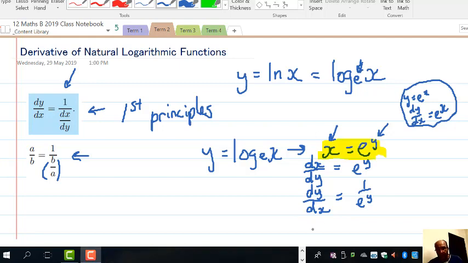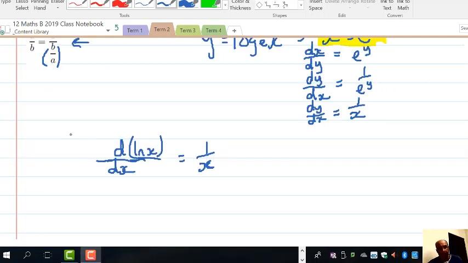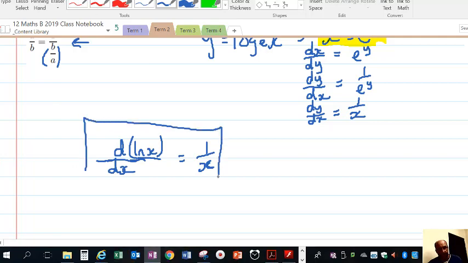Now since x equals e to the y, we can make a substitution, so dy/dx is 1 over x, and that's our result. The derivative of natural log of x with regard to x is 1 over x.